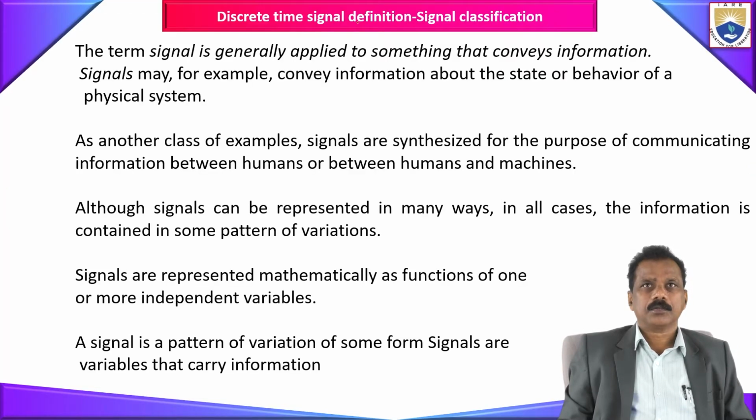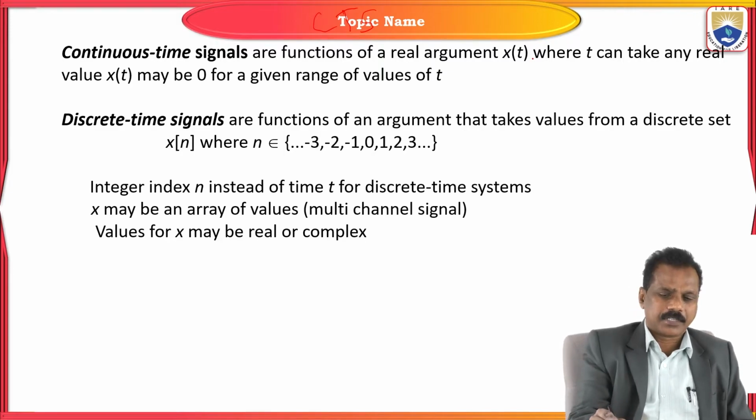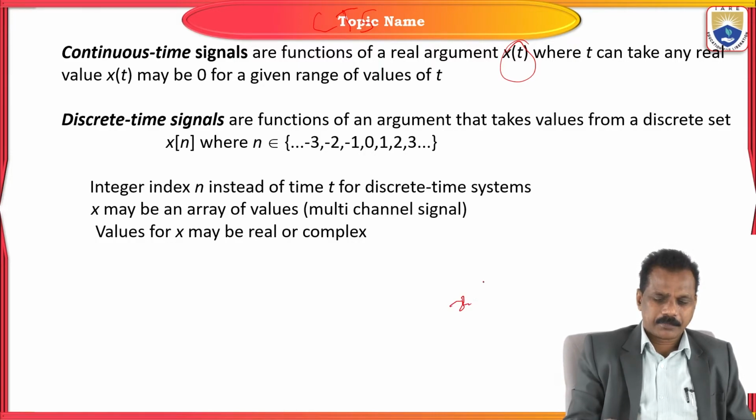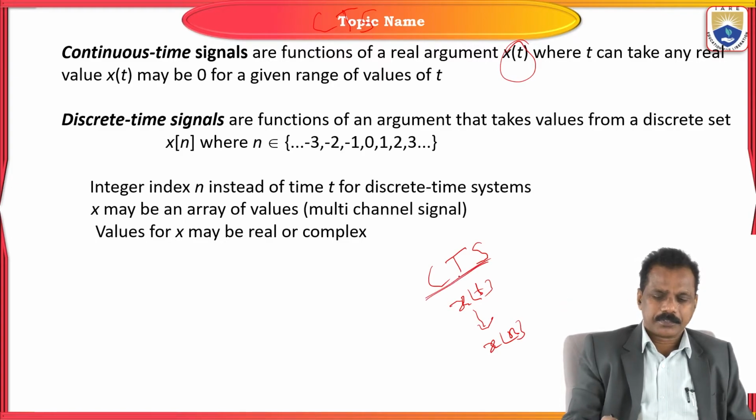The continuous time signal is a function of the real argument x of t, where x of t is the continuous time signal. Understood? So we are talking about x of t, or maybe we have to use x of n. This is nothing but a continuous time signal.